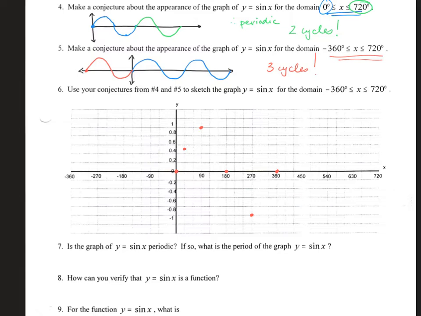If that curve continues, at 150 it would be a half. As we cross the x-axis, at 210 I would be at negative 1/2. And as I rotate back up, at 330 I would be at negative 1/2.